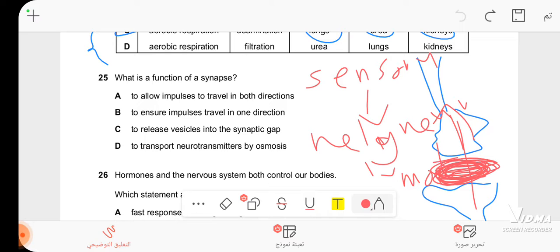Another neuron will extend from the spinal cord to your hand and give it the order to leave the hot object. So if impulses travel in both directions, that is wrong. It ensures impulses travel in one direction.